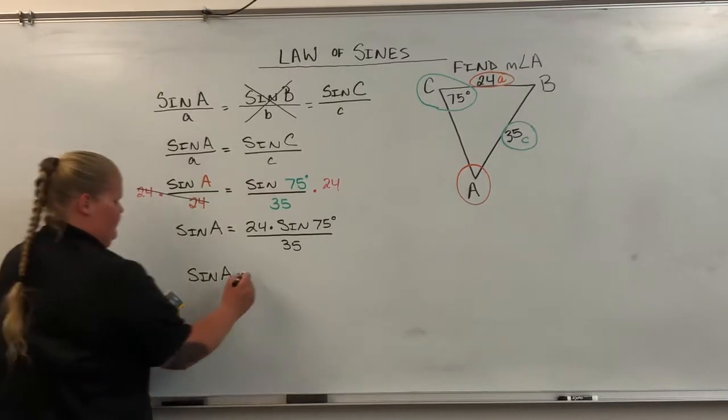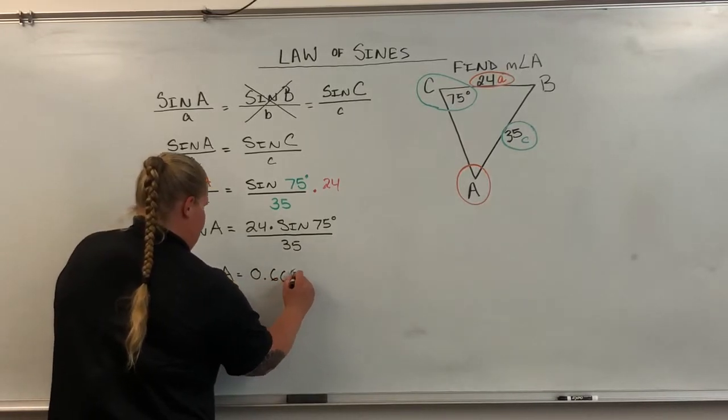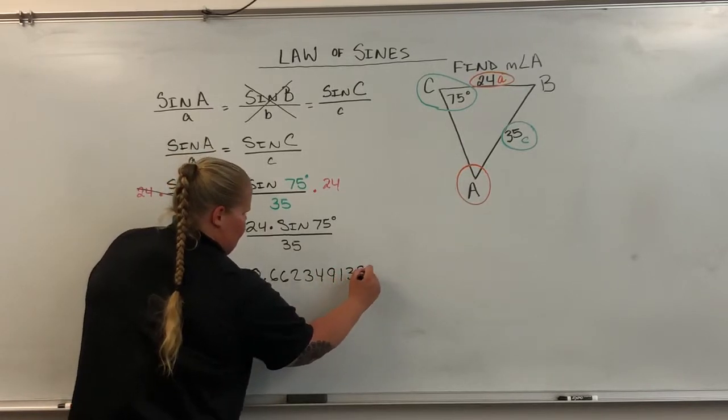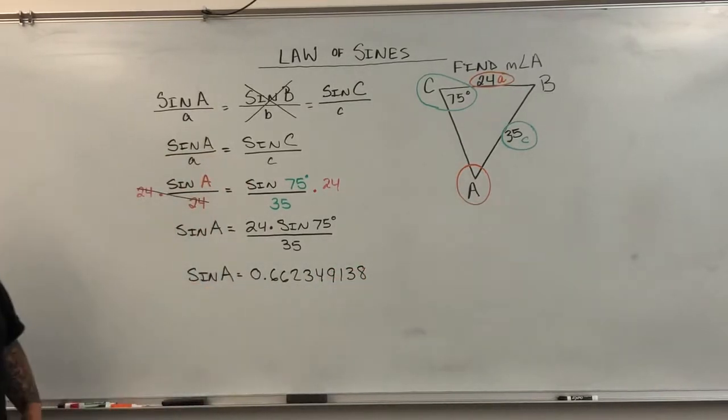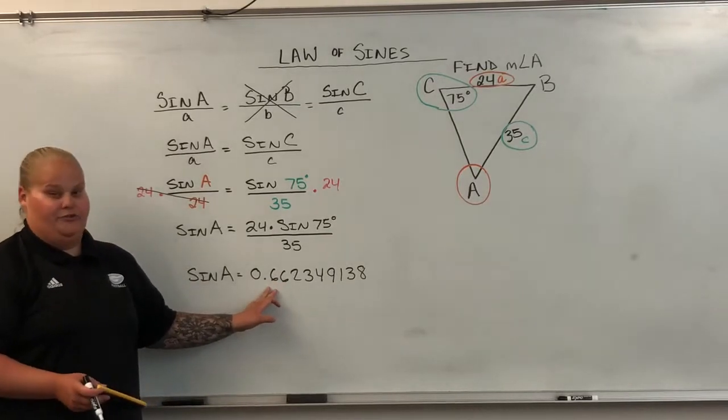And I'm going to get 0.662349138. Now I know that that's a long decimal, and most of the time we'd round it to 0.66 or 0.7.